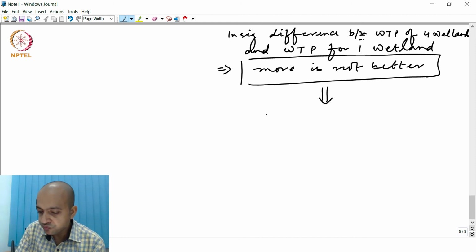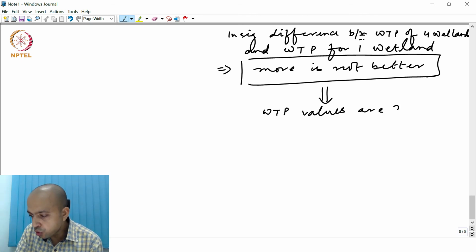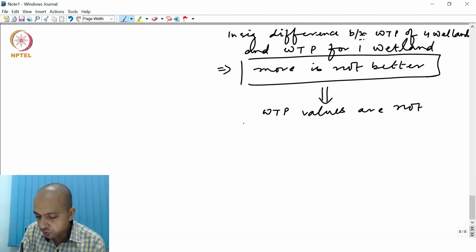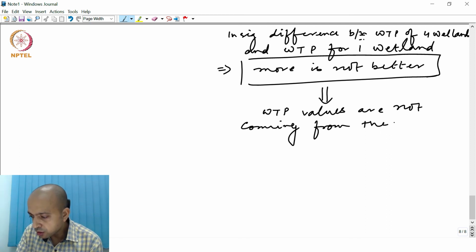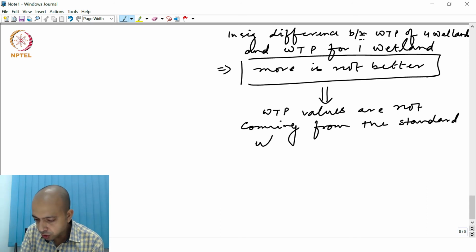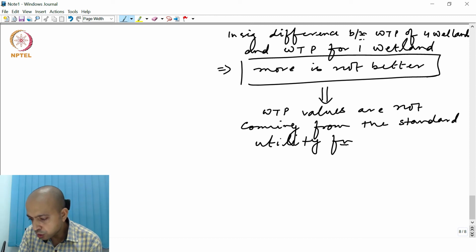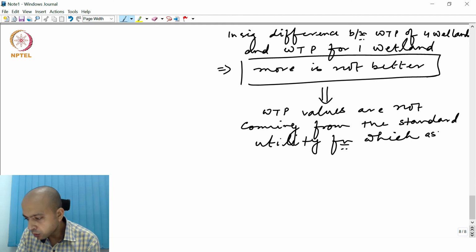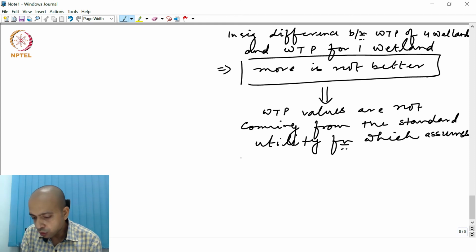So that means WTP values are not coming from the standard utility function which assumes more is better.